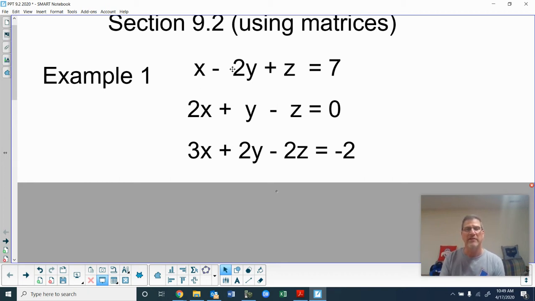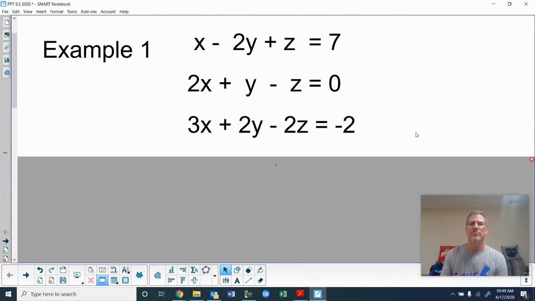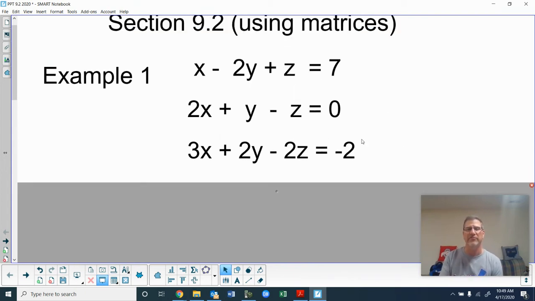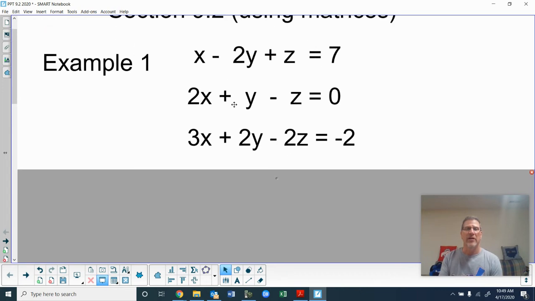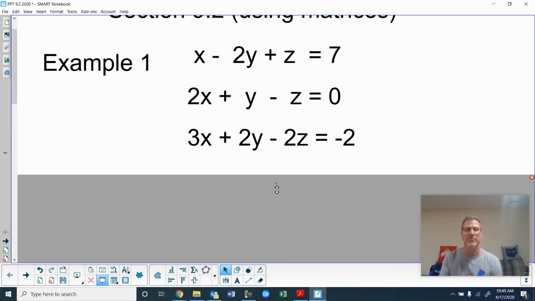This would be a 1, a -2, and a 1, a 2, a 1, and a -1, a 3, a 2, and a -2. And then our B matrix will be the 7, 0, and the -2. We're going to have to put that into our calculator first. And again, make sure everything's lined up first when you do this.